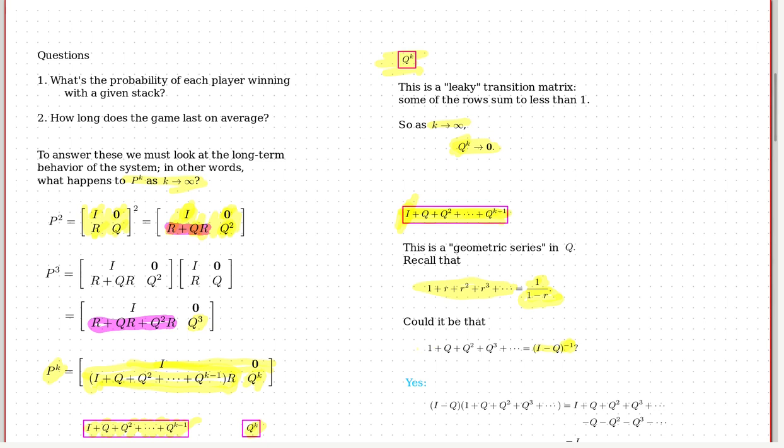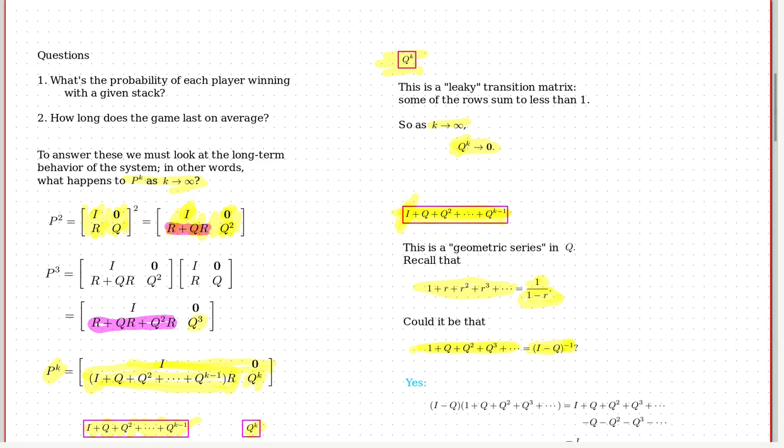So when you take the limit of this series as k goes to infinity, you get the infinite geometric series in Q. Is it possible that that would really be equal to (I minus Q) inverse? Yes, it is, and it works.